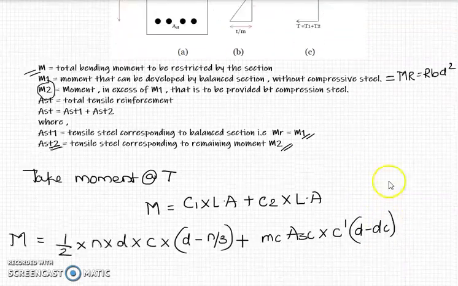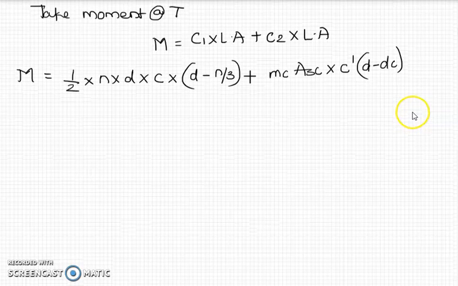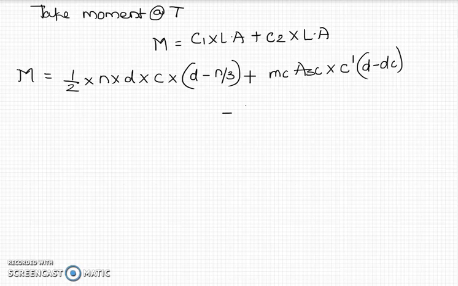Now as we add this C2, we will also have to consider the concrete that is removed. So we will have to subtract ASC. It is the same way that we did in the previous case.